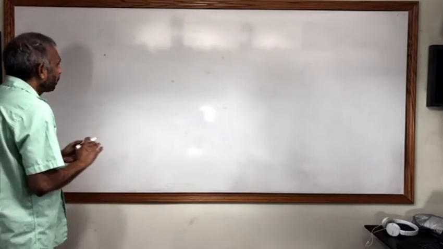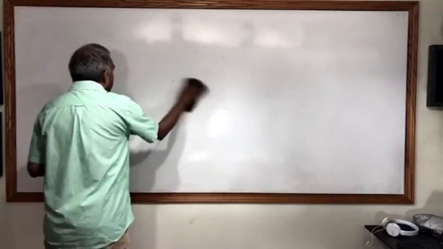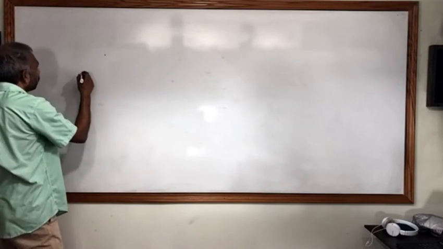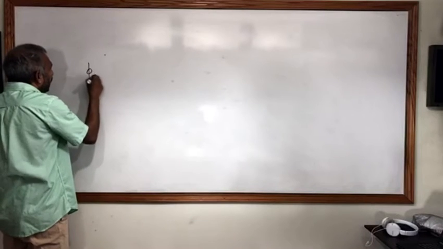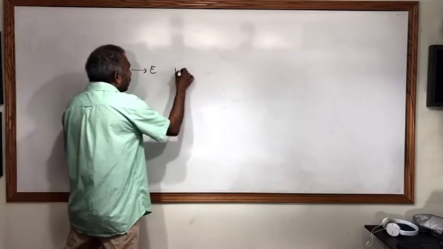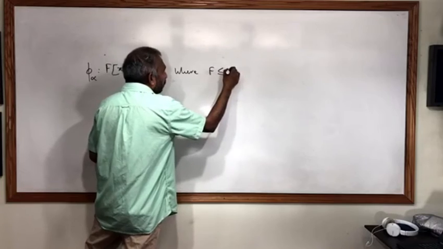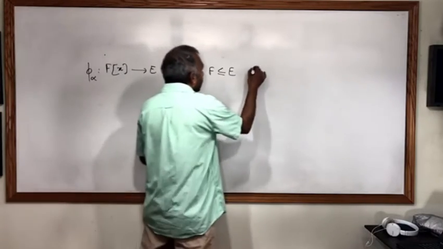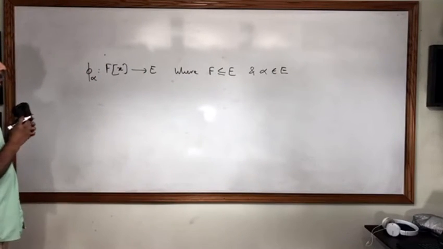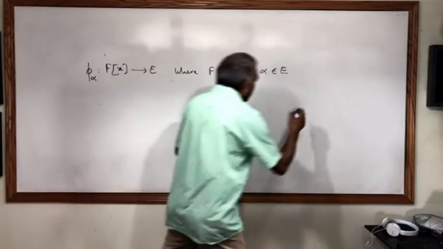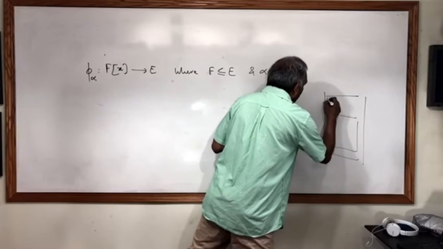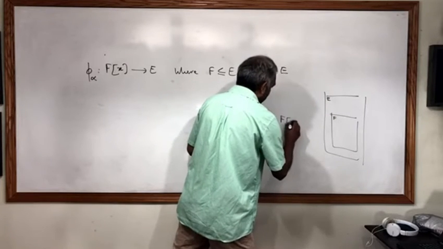Now let us look at some properties of the evaluation homomorphism. Our evaluation homomorphism is phi alpha from F[x] to E, where F is a subfield of E and alpha belongs to E. So it is going to be like this: E, F, and F[x] is here.